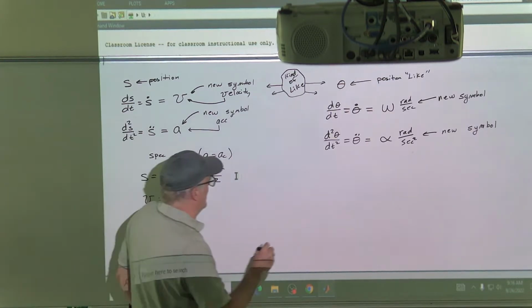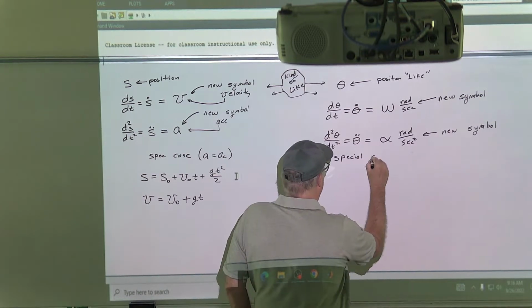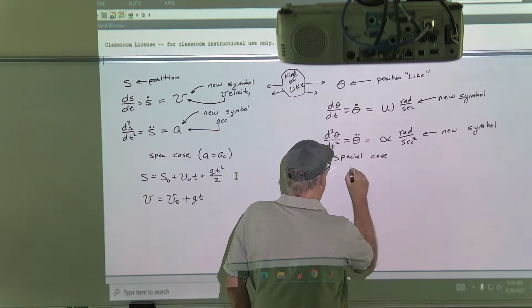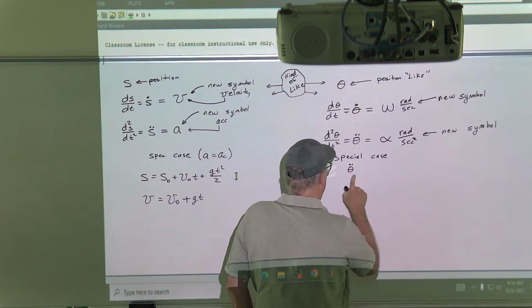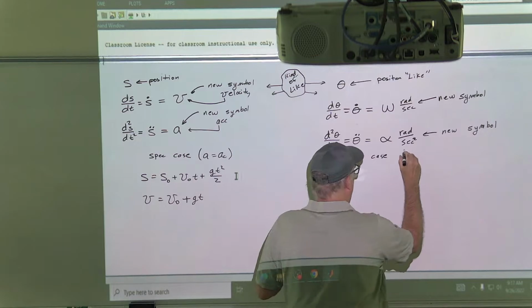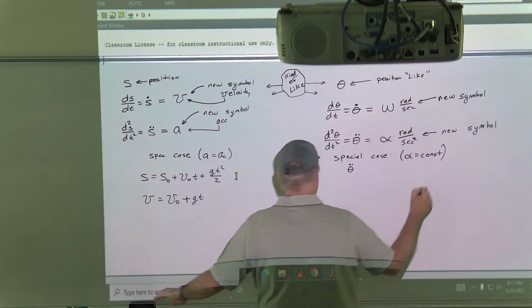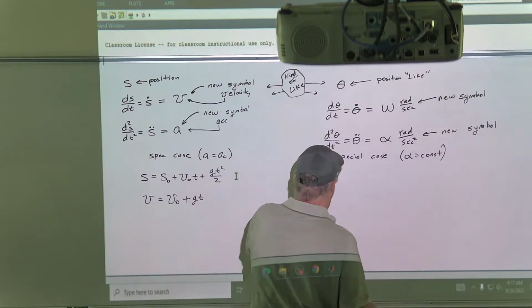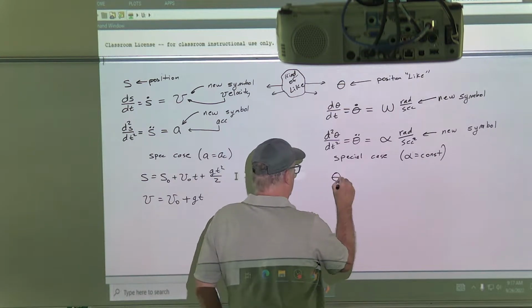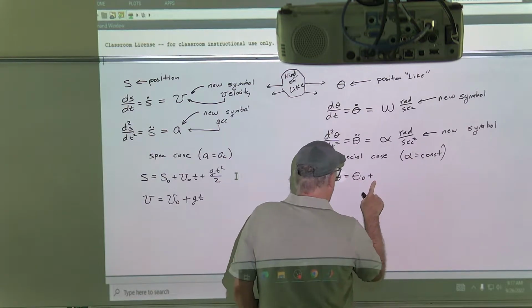Now, guess what? There's a special case in which alpha is equal to a constant. So this is the same special case, and believe it or not, when you start looking at it, it looks exactly like this.